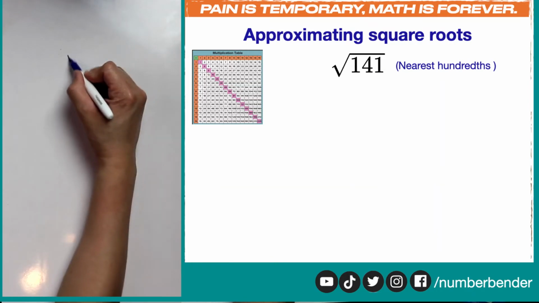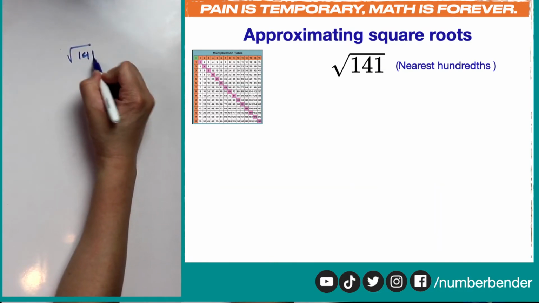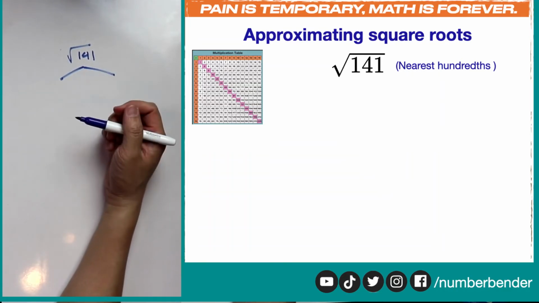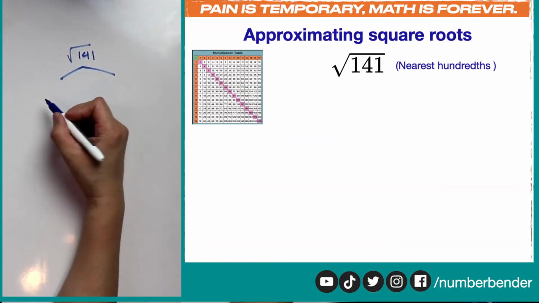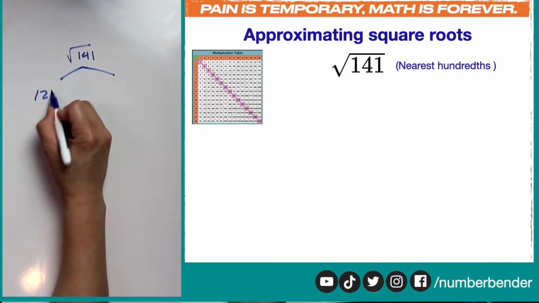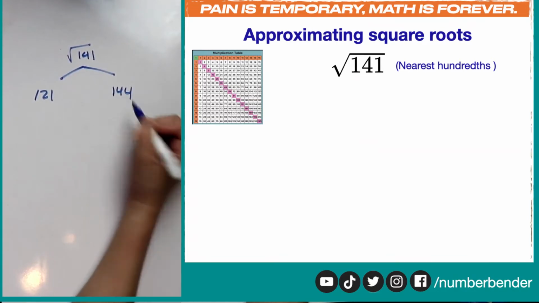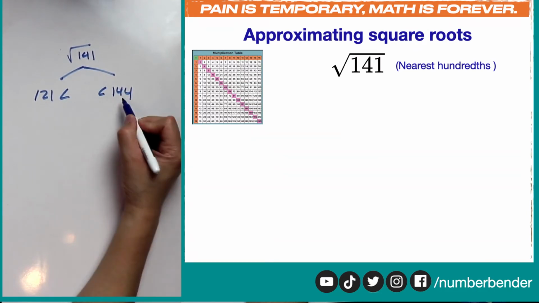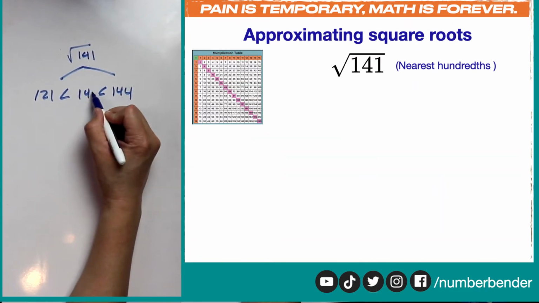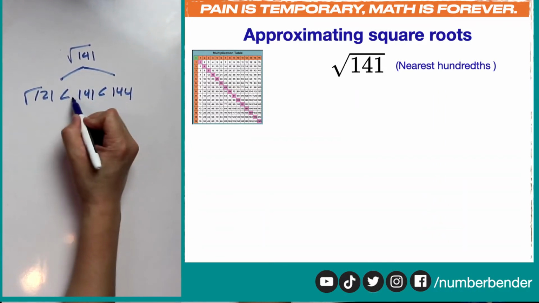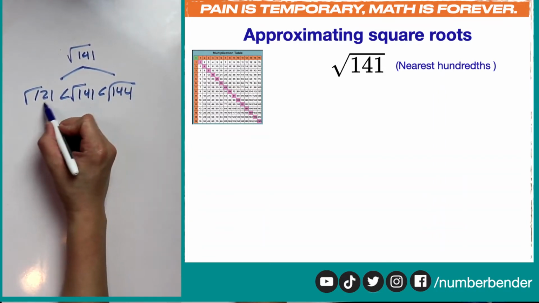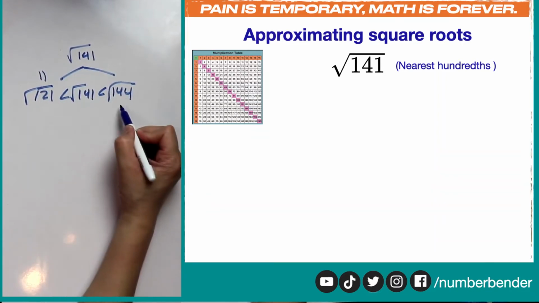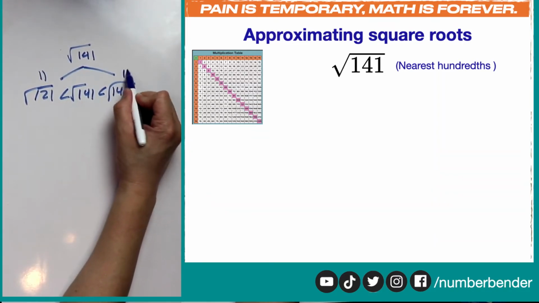For square root of 141, you just need to think of 2 perfect squares that are close to 141, and those 2 perfect squares would be 121 and 144. Knowing that 141 is in between 121 and 144, if we take the square root of all of these, square root of 121 will give us 11, and square root of 144 is equal to 12.